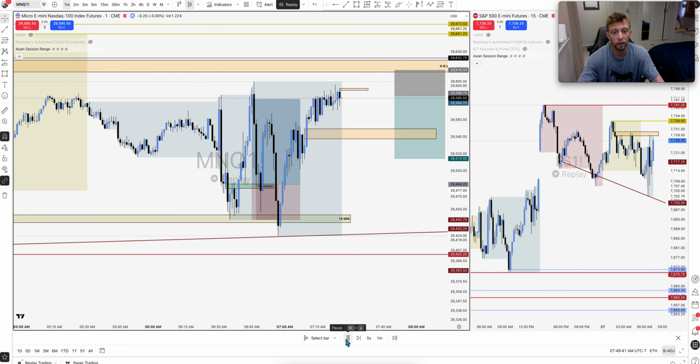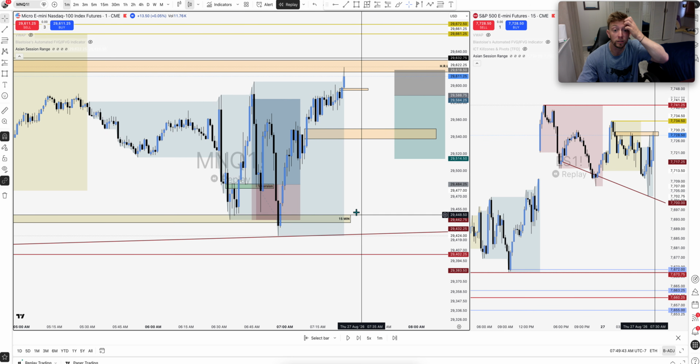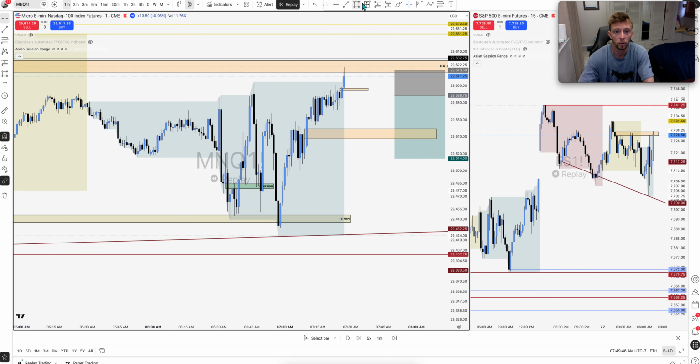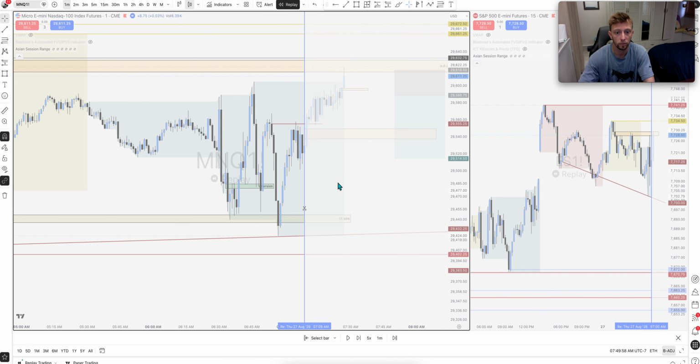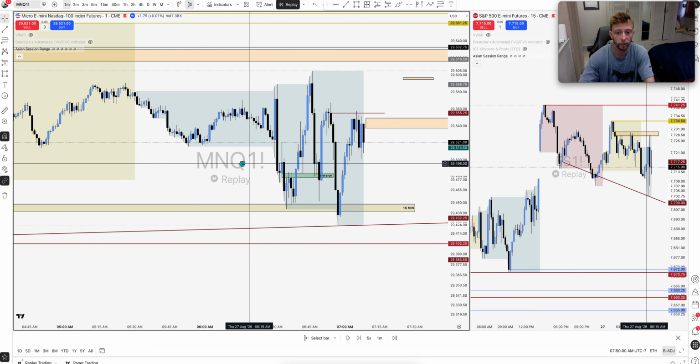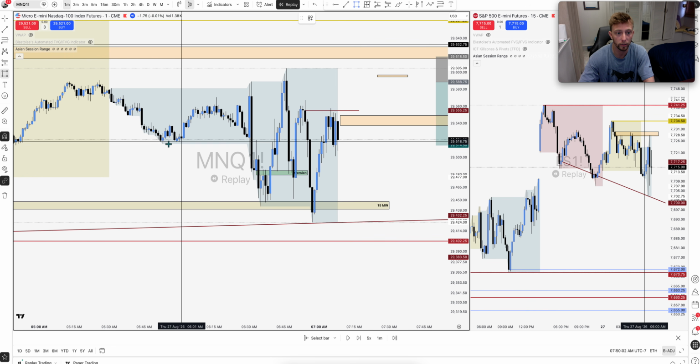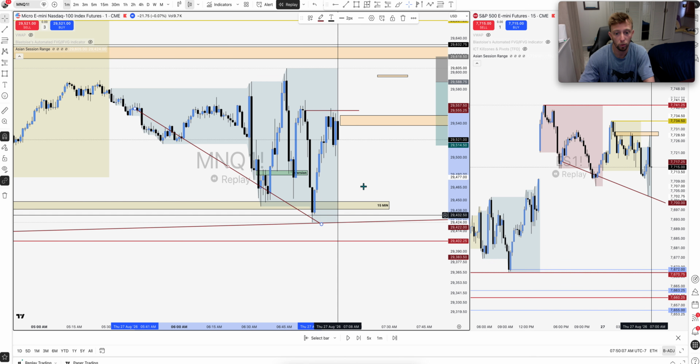But the trade that I got stopped out on was a short right here. We had this high, higher high, lower high, and I was looking to take a short rejection right here back into Asia low on NQ.